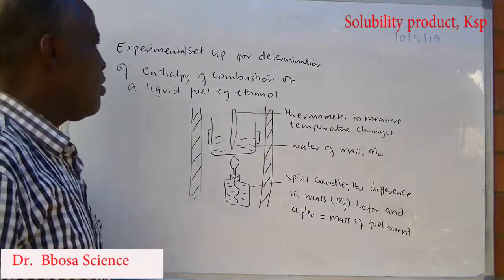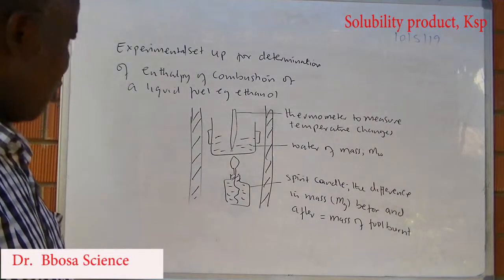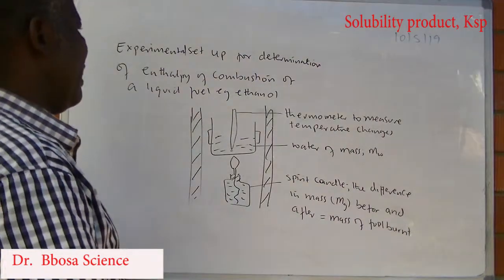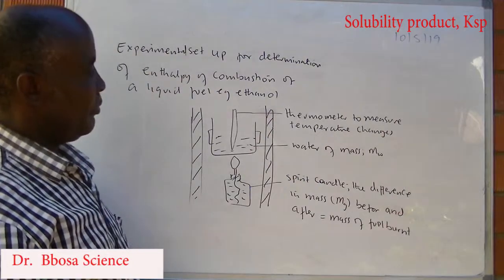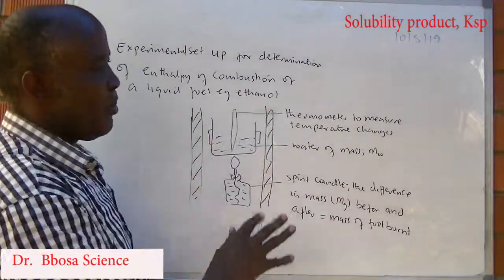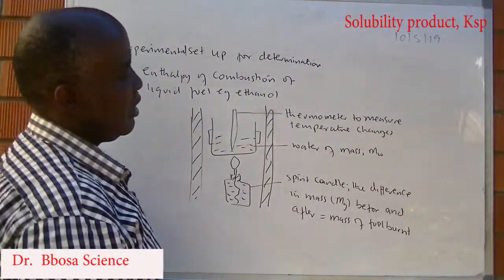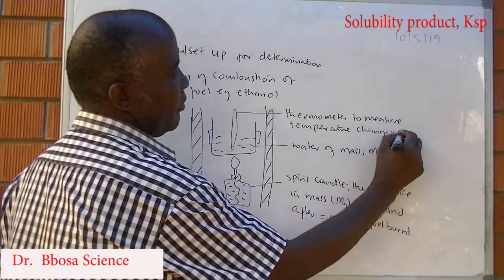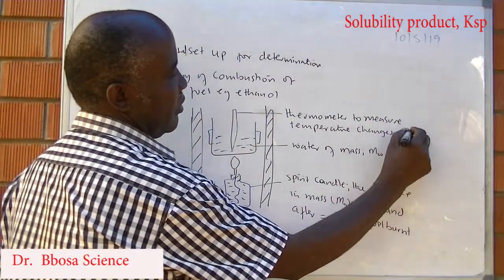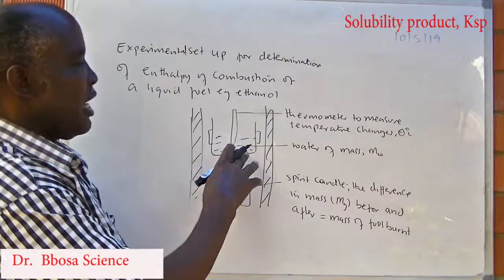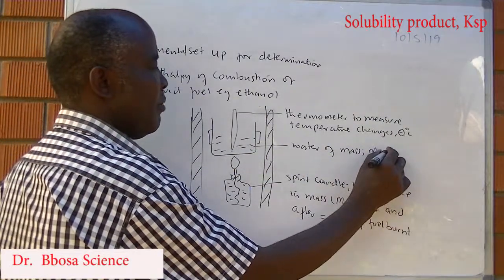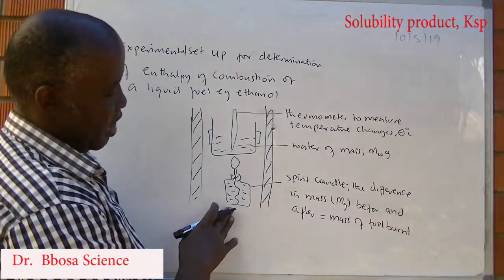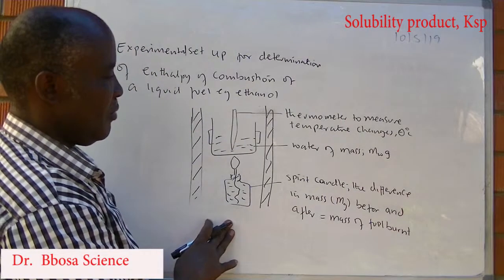Experimental setup for determination of enthalpy of combustion of a liquid fuel. For example, ethanol. We shall have a thermometer to measure the temperature change, theta. Then water of mass mw grams. Then we shall also have a spirit candle.